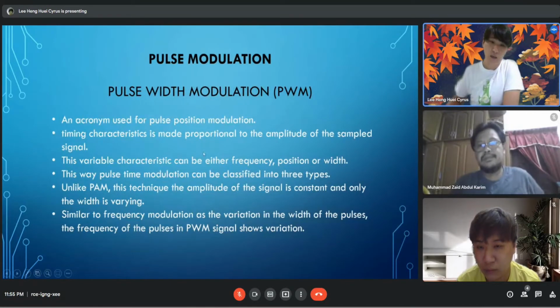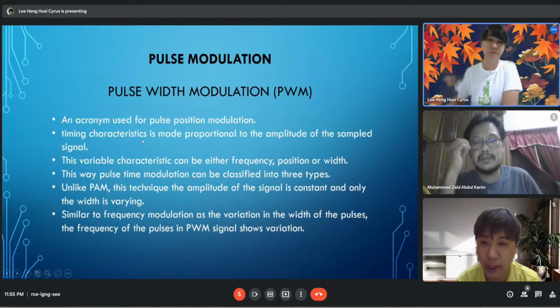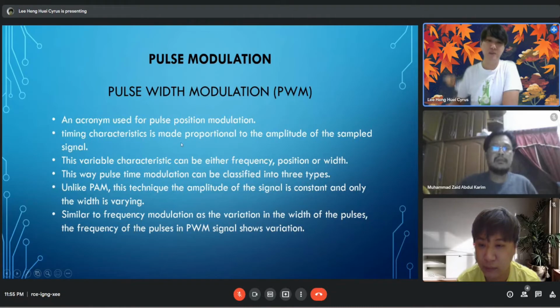Okay, PWM, the acronym also used for pulse position modulation. A timing characteristic is made proportional to the amplitude of the sampled signal. The variable characteristic can be either frequency, position, or width. Pulse time modulation can be classified into 3 types.